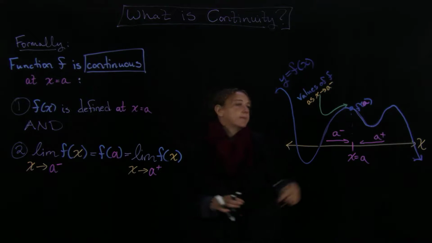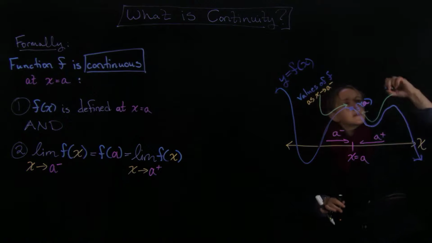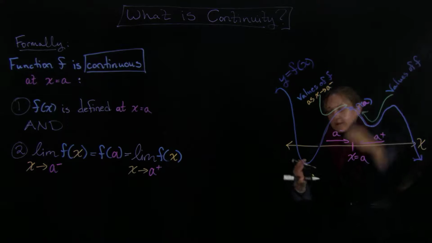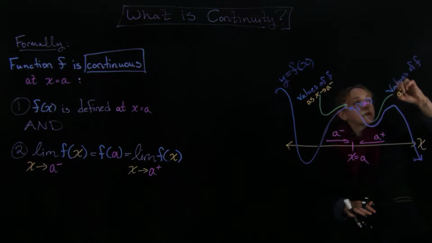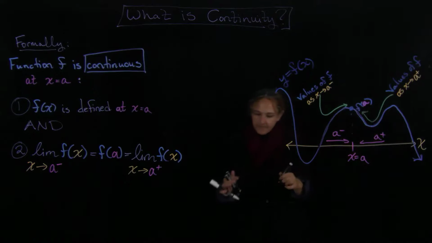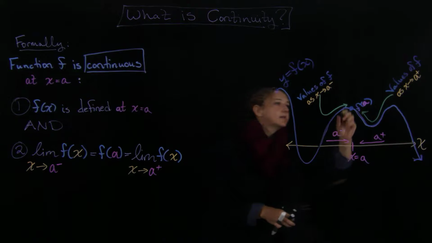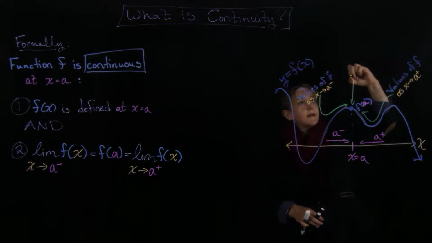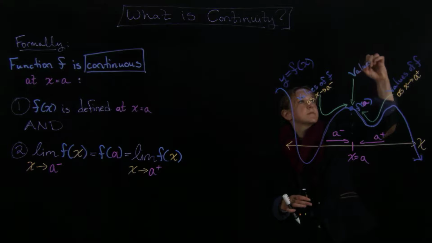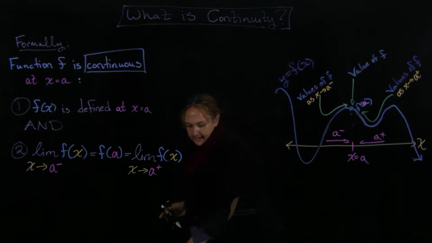So these are going to be my values of f as x approaches a from the right-hand side. And then at the same time we have our value of f at x equals a. So now we're actually at this x equals a.